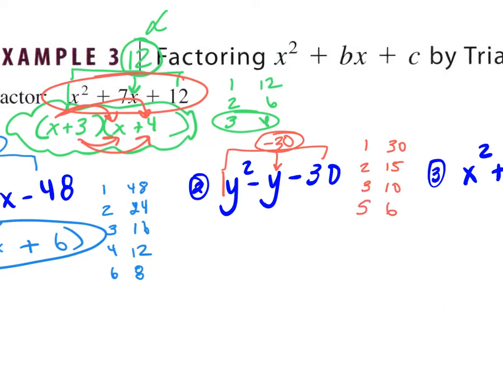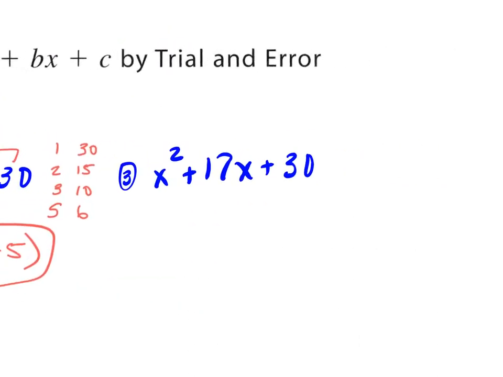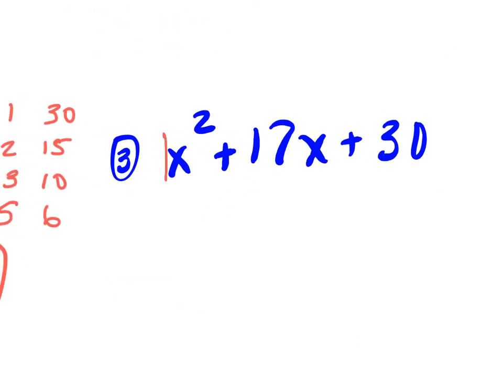How could I somehow combine and get a 1? Positive 5 and negative 6. So I would have y minus 6, y plus 5. Negative 6 times 5 is negative 30. Negative 6 plus 5 is negative 1. Good to go.